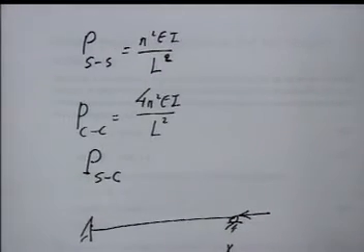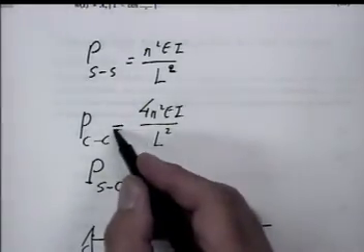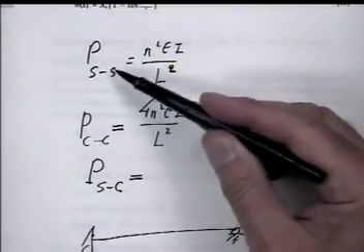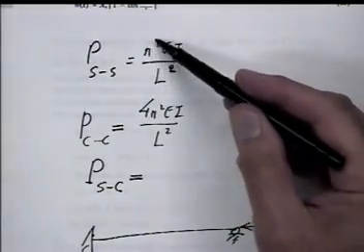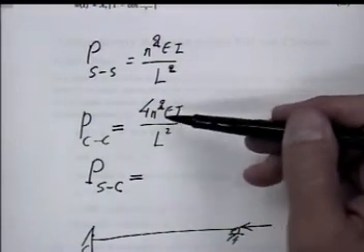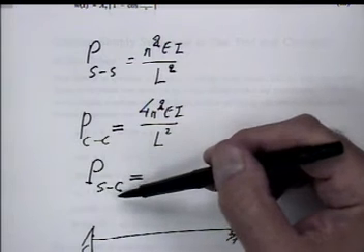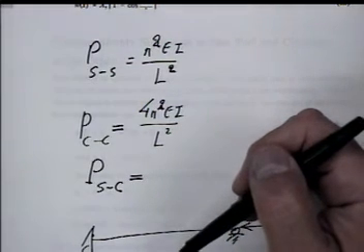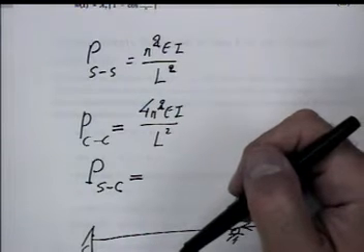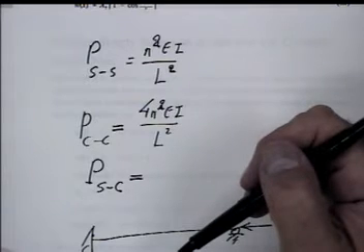So just a question. Imagine that this is P. We know that PSS equals pi square here. We know that PCC equals 4 pi square. So can you anticipate what PSC would be? 16. 16 what? 16 pi squared.